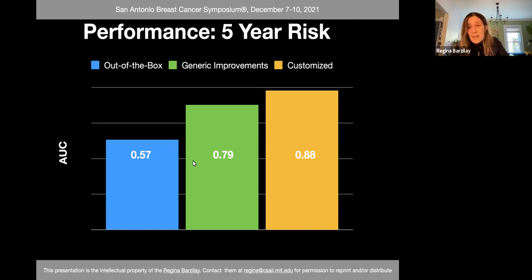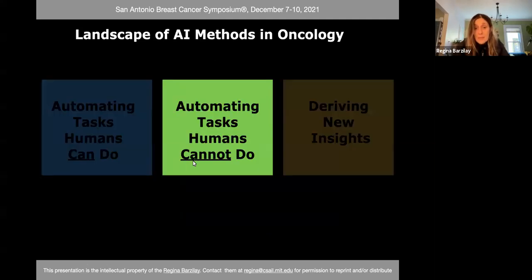If you're just doing generic improvement, which I would assume any qualified machine learning engineer can do, you get to 0.79. However, if you're doing a customized model, which is designed for analyzing breast cancer data, you can get to 0.88. So I hope that this graph really demonstrates to you the importance of using the best model possible when we are processing patient data.